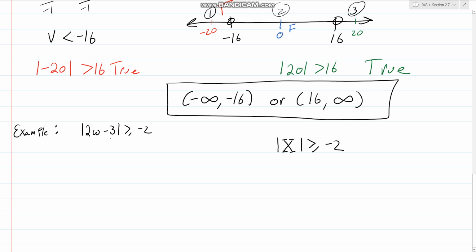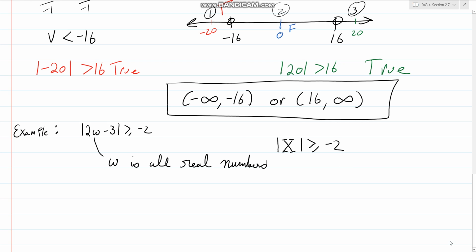So no matter what value of w that I put in, this will always be greater than a negative number, okay? So just because this is greater than a negative number, w is all real numbers. It automatically, no matter what I pick, it's going to always be that way.